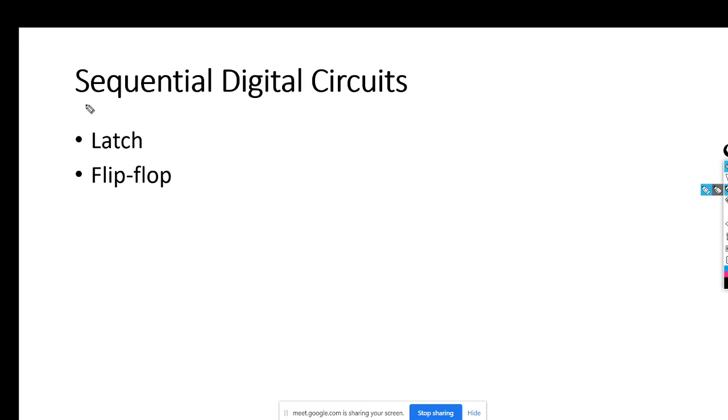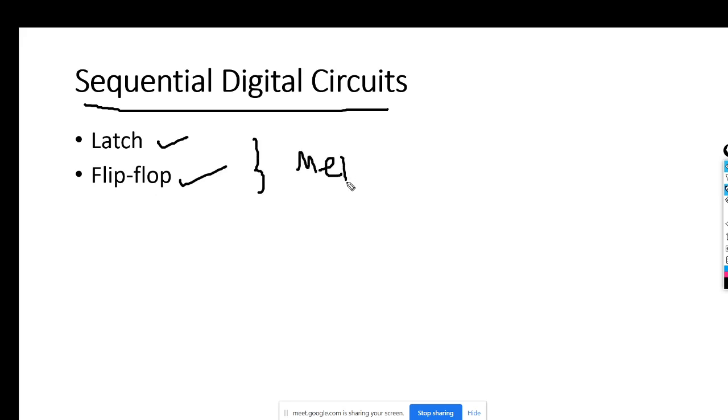Under sequential digital circuits, we are going to discuss two types of components called latches and flip flops. Both are memory cells, so you have to first understand the difference between the two.